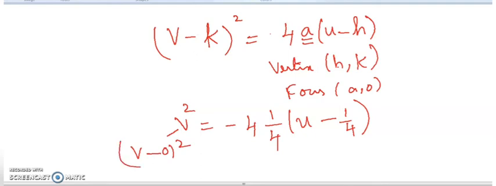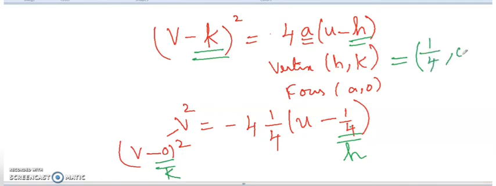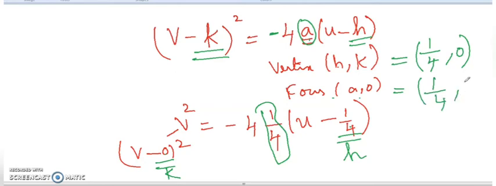Comparing with the general form, k is 0, and h is 1 by 4. So the vertex h comma k is 1 by 4 comma 0, and a is 1 by 4. It's okay to take a minus sign. So the focus is 1 by 4 comma 0.